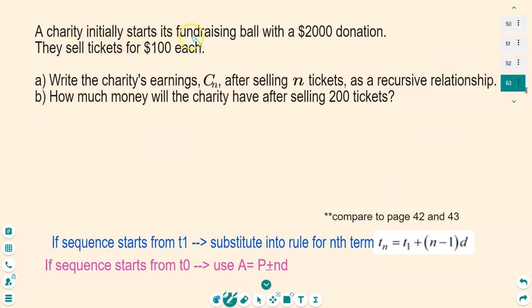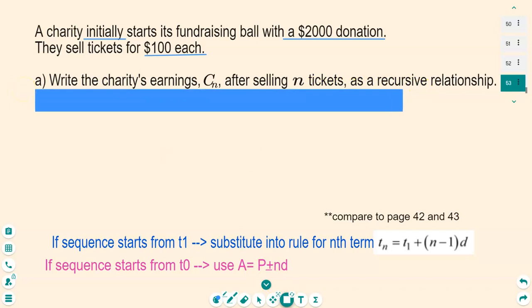A charity initially starts its fundraising ball with a $2,000 donation. Again, that word initially. They sell tickets for $100 each. Write the charity's earnings after selling N tickets as a recursive relationship. Okay. Let's put down our little data table.